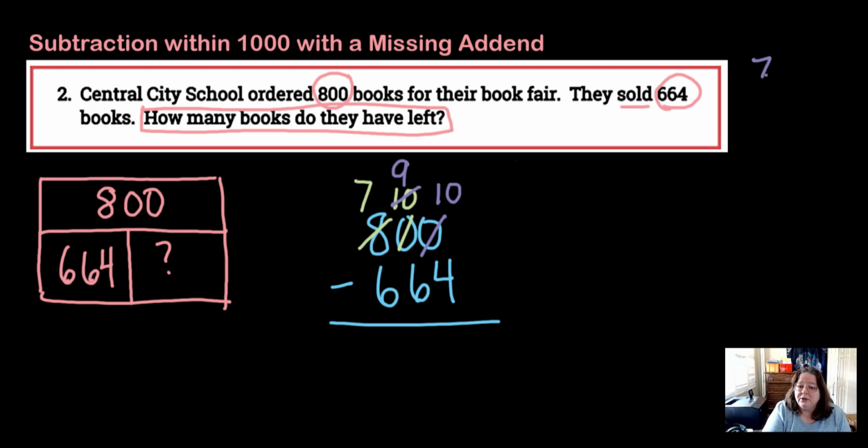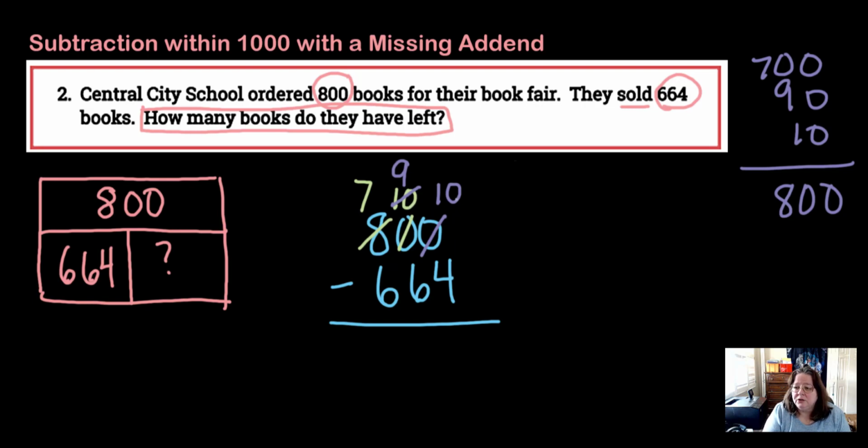Now 700 plus 9 tens plus 10 ones, that is still 800. So we still have 800. It's like exchanging $100 bills for $10 bills, and then exchanging $10 bills for $1 bills. You're not adding any money, you're just exchanging. And that's what we're doing here.